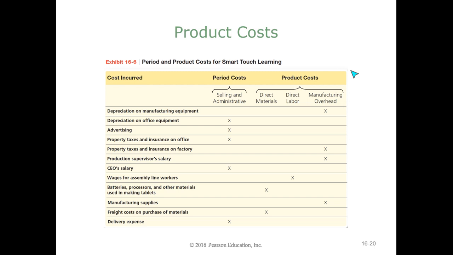So it has to be selling and admin, right? So that's the process when you're going through and you see something: think about what it is that they're asking, then run through and pick the best possible one. This is a good slide for you to refer back to help you with any similar questions, on 838, slide 20.